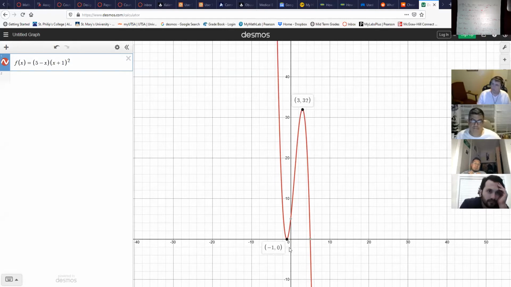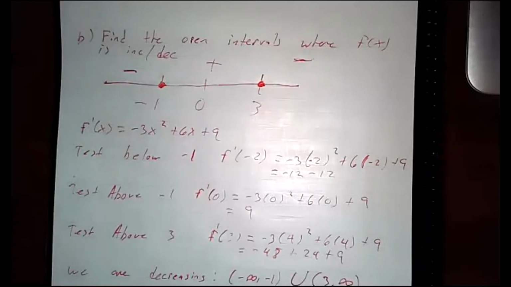So the function's behavior after a critical point is not always going to be a change in concavity. It could continue to keep going downward. It could have hit here and then went down, then went up again. It all depends, so that's why we have to check before, after, and so on.